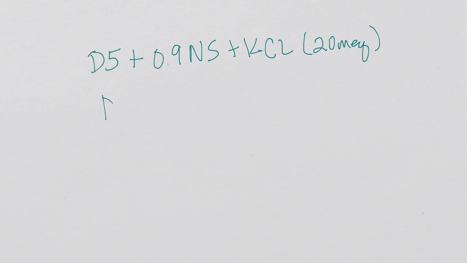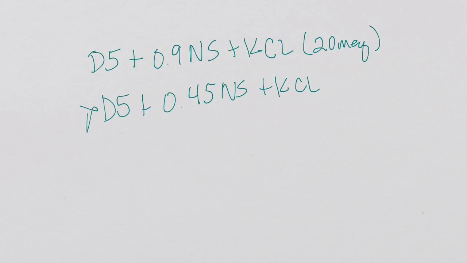Or you could still probably, for most kids, get away with using D5 0.45 normal saline, which, again, even in the last few years, has changed from our main one, probably now shifting up to D5 0.9 normal saline being our go-to. And got to add that KCl.